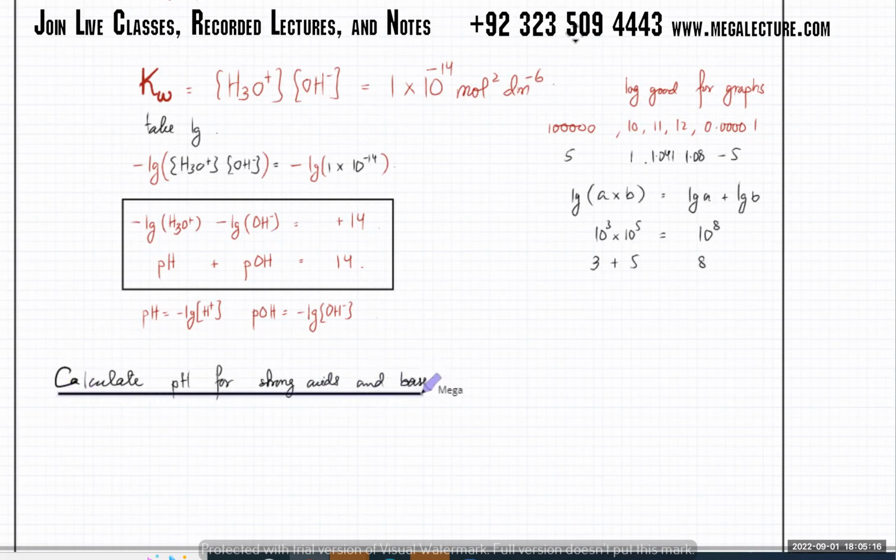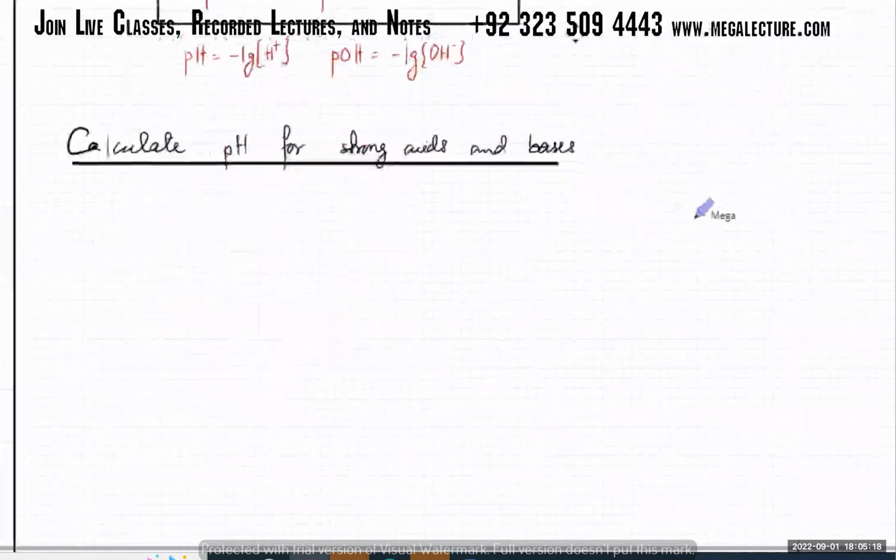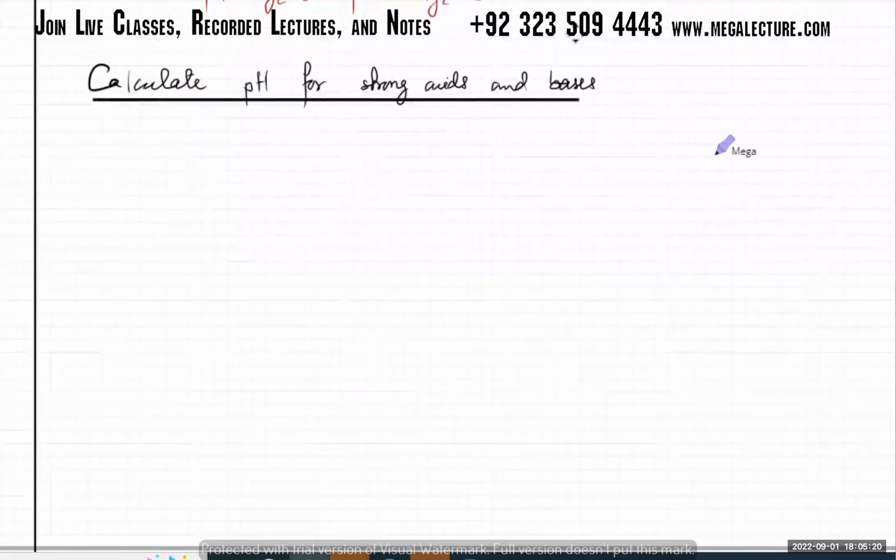Now for strong acids, calculating pH is pretty easy. If you have a strong acid, it fully ionizes.